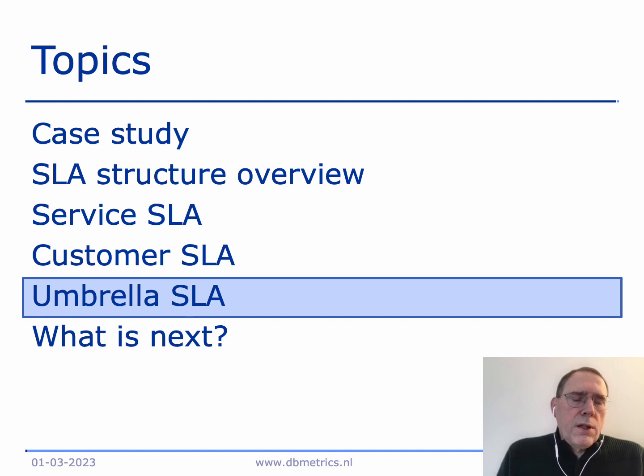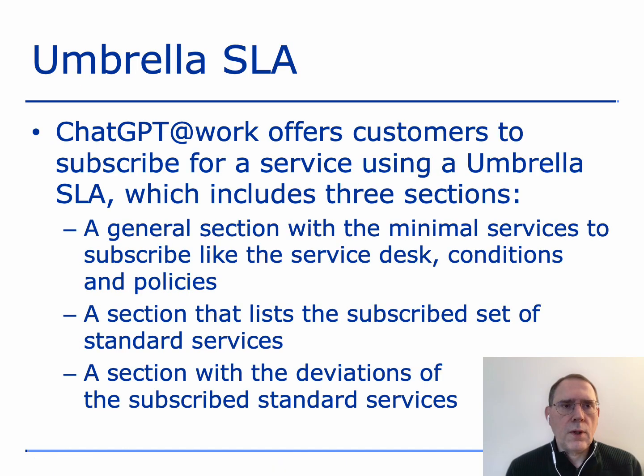Another possibility, and that's most of the time used internally for internal SLAs for internal customers, is the umbrella SLA. The umbrella SLA is a combination of the service SLA and the customer SLA. What is achieved is that there is a general section that is valid for all customers, wherein the general agreements are written, like the opening time of the service desk and the reporting.